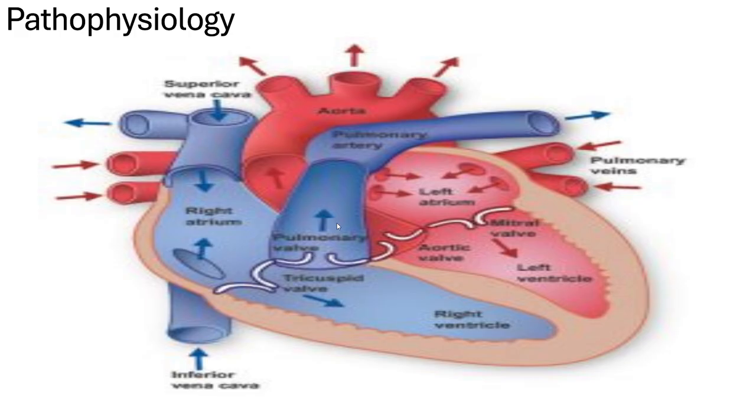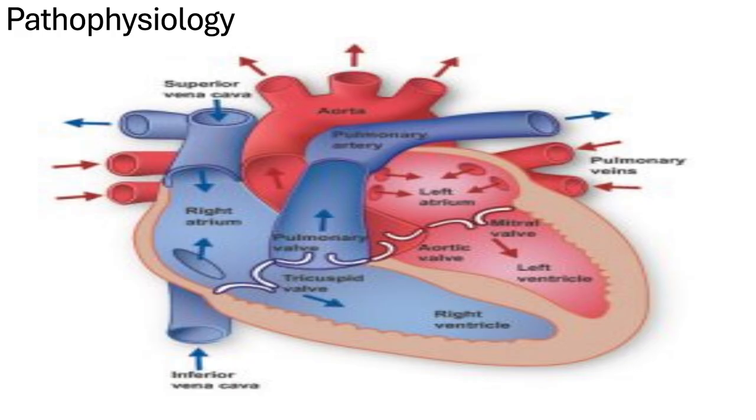Coming into some pathophysiology mechanisms, I will talk first about generally what happens during aortic regurgitation, and after that what happens in acute and chronic. In general, the regurgitation of blood from the aorta into the left ventricle leads to two things: increased systolic blood pressure, because the left ventricle will receive blood from the left atrium and the regurgitant aorta, which will lead to an increase in the preload.